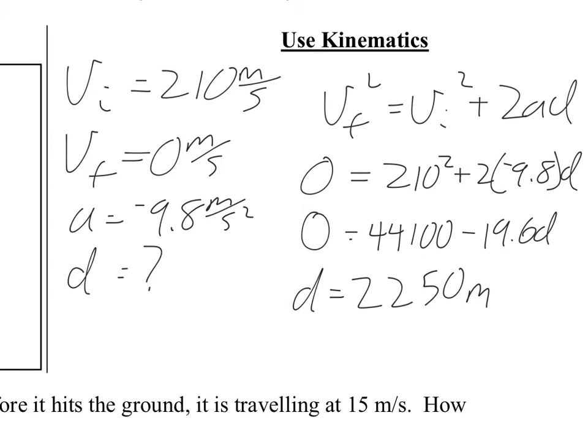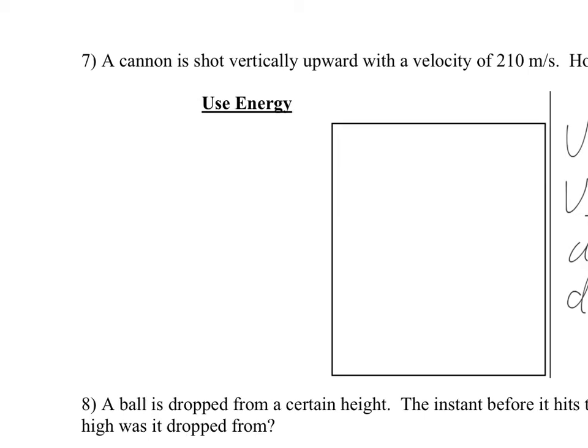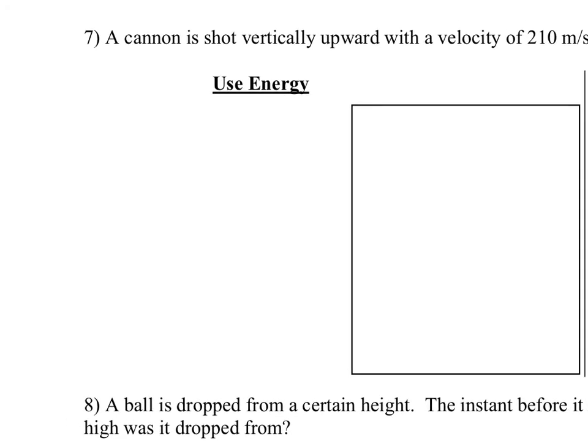Now let's see if we can do this with conservation of energy. I put this little box here to draw a picture, though you don't necessarily need to draw a picture. If we start at ground level, here's our initial position, where our initial potential energy is equal to 0, but we do have kinetic energy because we have a velocity initially equal to 210 meters per second.